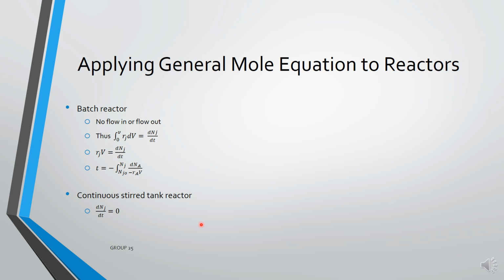Continuous stirred tank reactor. The dNj/dt of a continuous stirred tank reactor is always equal to 0 as it operates in a steady state, and so there is no change in mole or concentration per time.